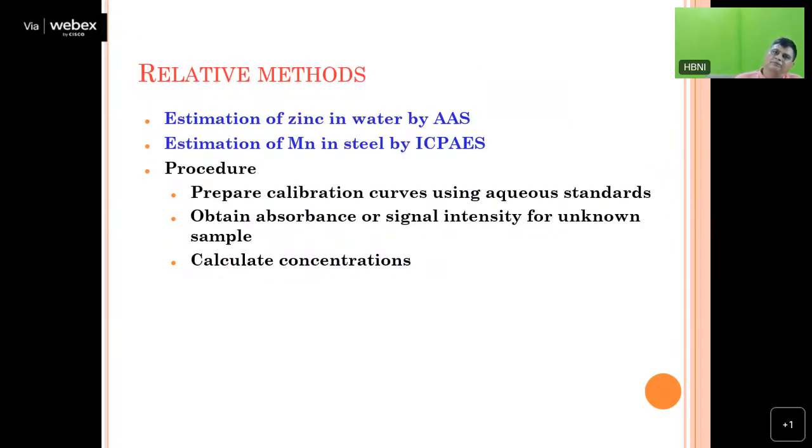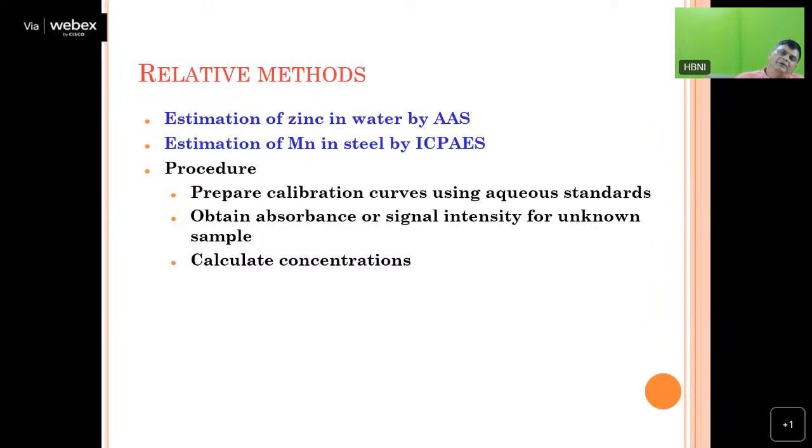In a relative method, you have to prepare a calibration. Unless you are using an instrument, for example an atomic absorption spectrophotometer measuring intensity at a particular wavelength, the instrument does not know what you are measuring, whether it's copper, cadmium, or zinc. So it is only the calibration curve.